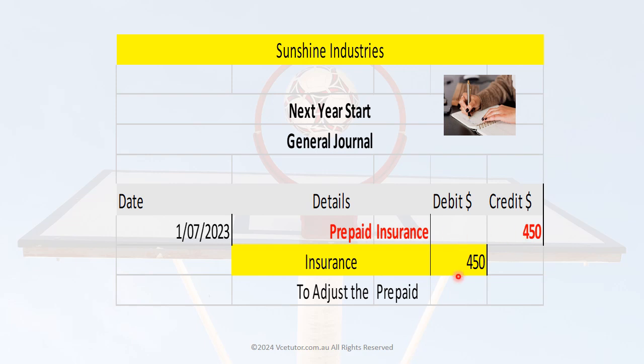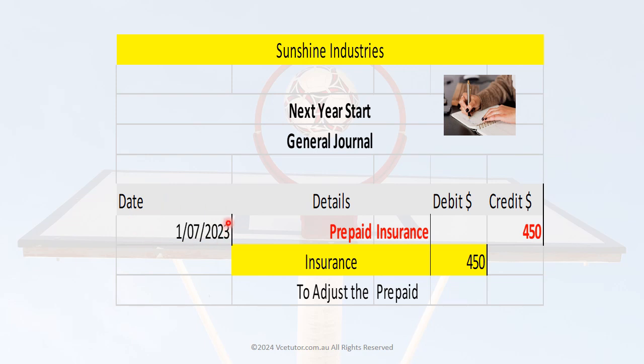Then again on 31st August we should have the same entry repeated, 150 each. And again on 30th of September we should have another 150 each. So we should really be having 3 monthly adjustment entries. This is not done in reality by an accountant or bookkeeper.